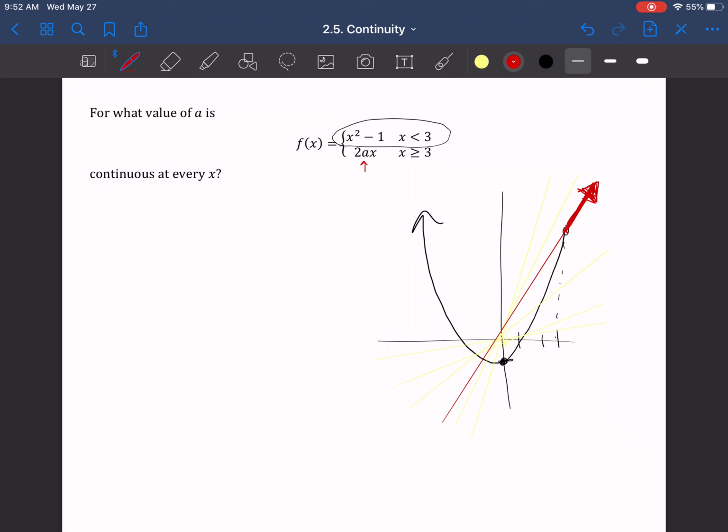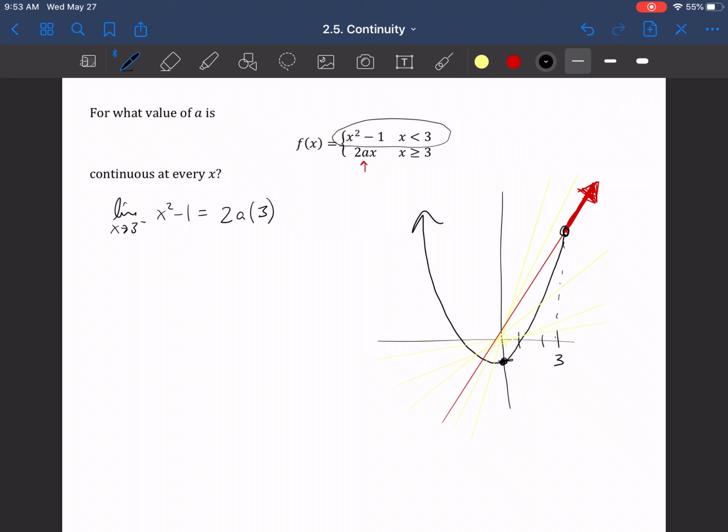We can do this by finding when the limit as x goes to 3 from the left of x squared minus 1 equals 2a at x equals 3. So we're looking at x equals 3 here. What we want is 2a of 3.